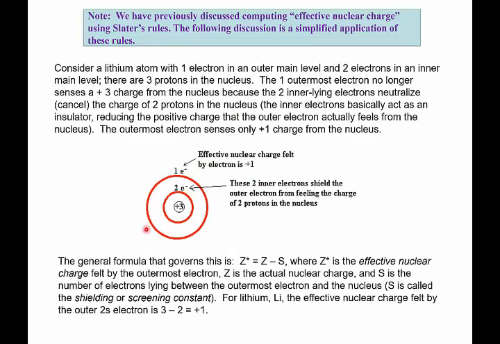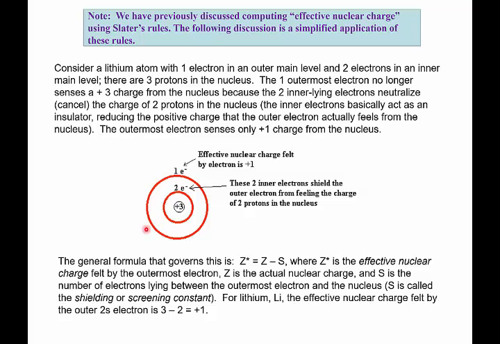Now, when we previously talked about effective nuclear charge, we introduced Slater's rules. These are a set of rules which will give you a fairly accurate computation of the effective nuclear charge.